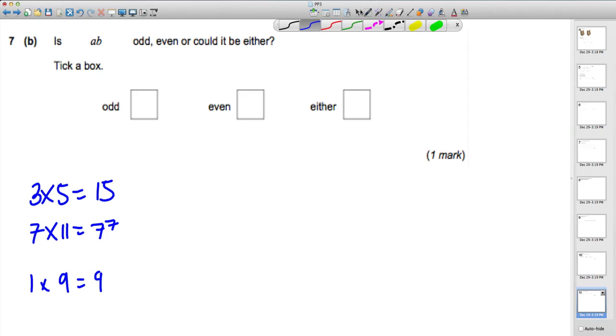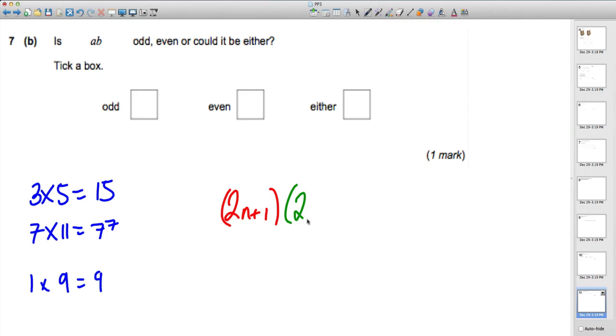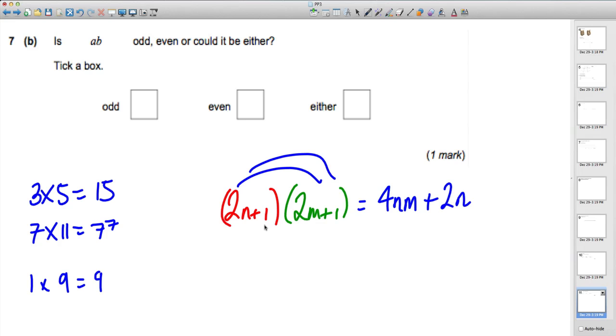And let's see if we can prove it algebraically. Take an odd number, 2n plus 1. Multiply it by a different odd number, 2m plus 1. Multiply it out, see what you get. That times that would be 4nm. That times that would be plus 2n. That times that would be plus 2m. And that times that would be plus 1.